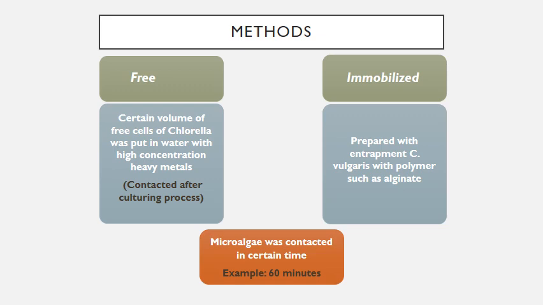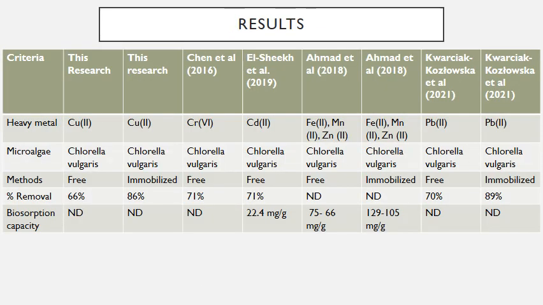This is prepared with the entrapment of the Chlorella with polymers such as alginate, and then applied to water with a high concentration of heavy metals. For both of them, the microalgae were exposed for certain times, for example 60 minutes, 120 minutes, and so on. It depends on the purpose of the experiment.